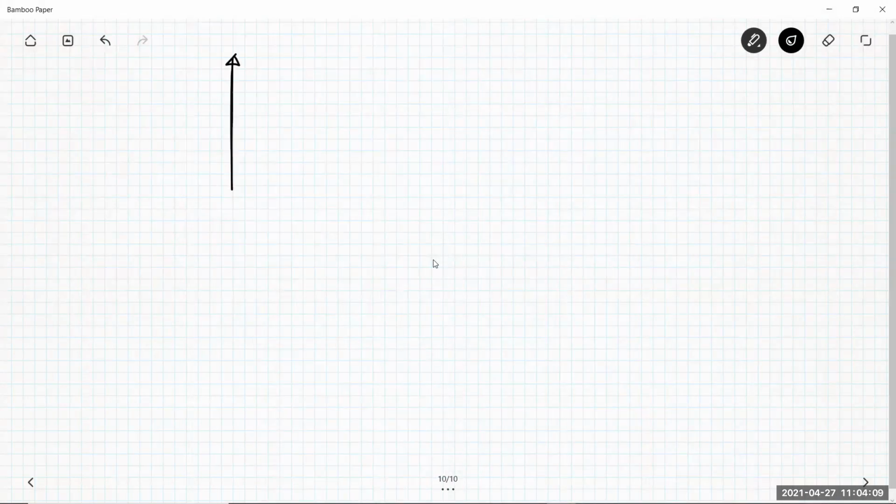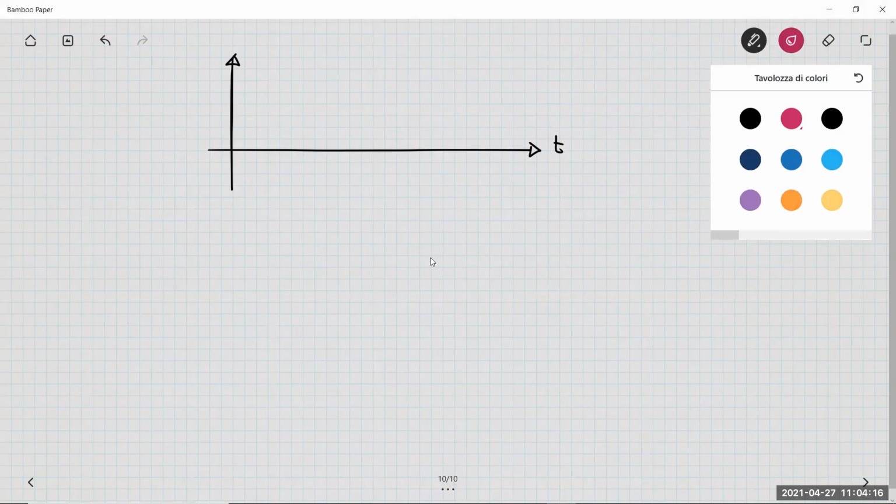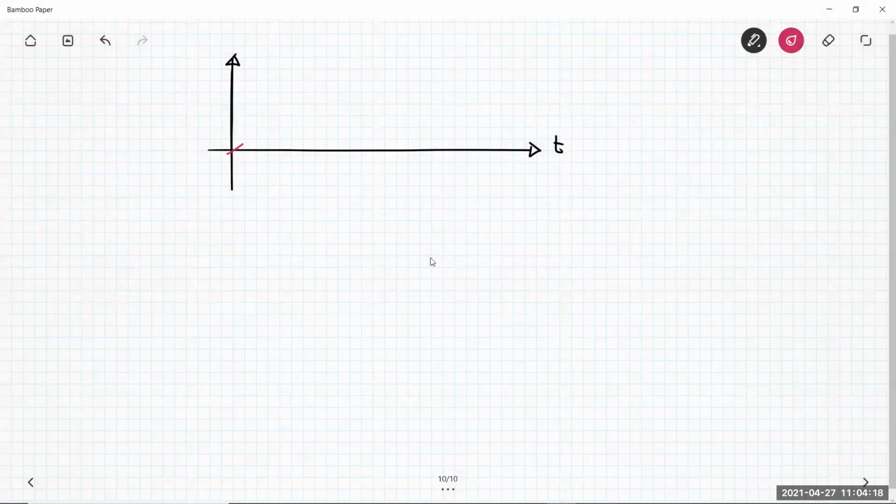So let's have our modulator waveforms, and this means that I have my triangular voltage, like here, for example, V triangular peak, and then also the value V triangular peak divided by 2.